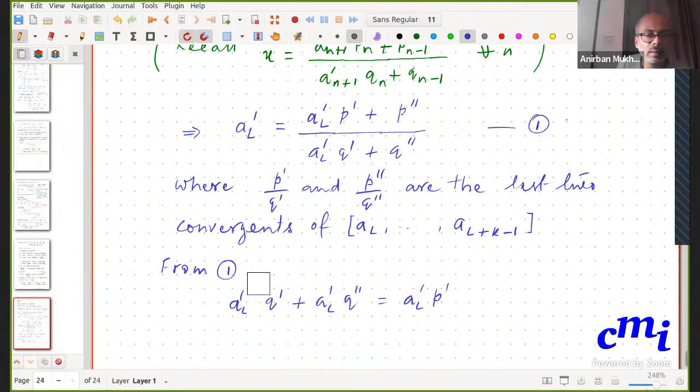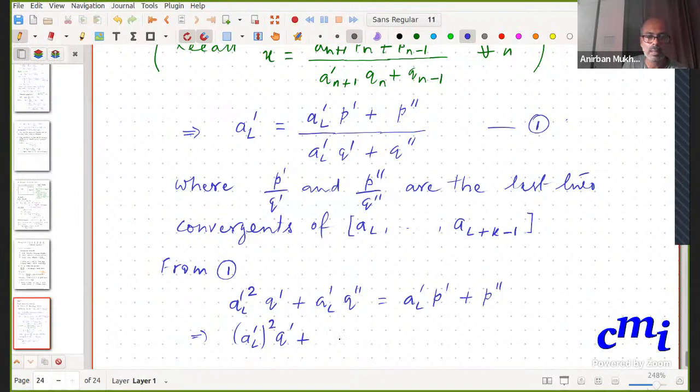Okay, this doesn't look like 2. So we have a_l dash squared. I'm multiplying by a_l dash. So we have a_l dash squared Q dash plus a_l dash Q double dash, and on the other side we just have this P dash. Let's write it like this, because we have this dash and also the square.